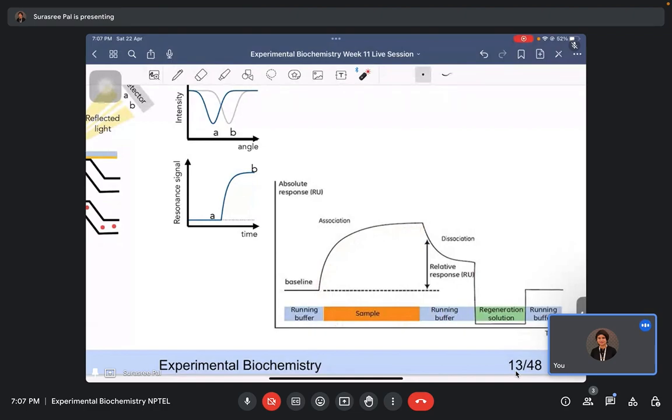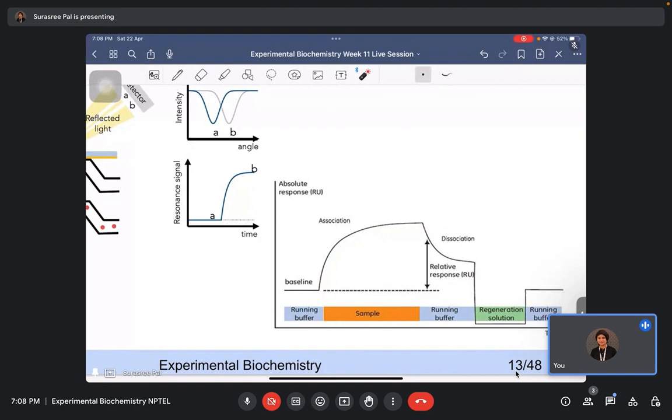So it means that when this ligand is passing through the flow chamber, the ligand is binding to the protein, and due to this protein-ligand binding, the response is increasing.